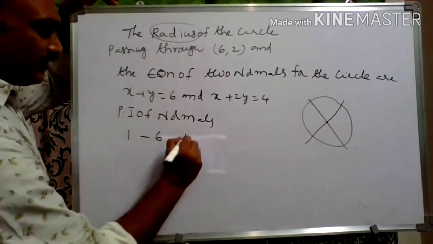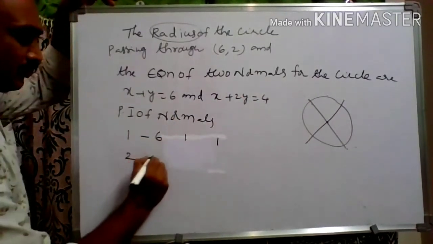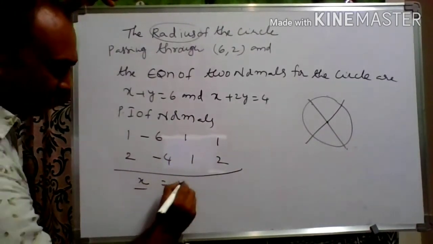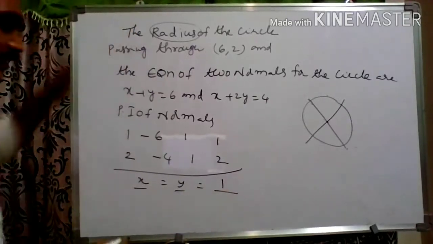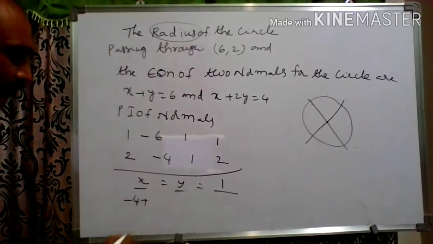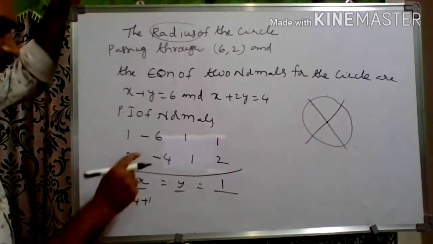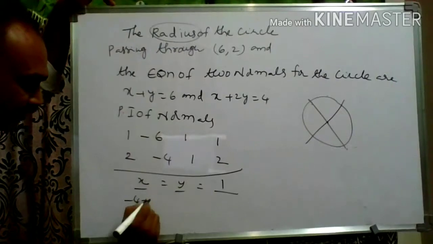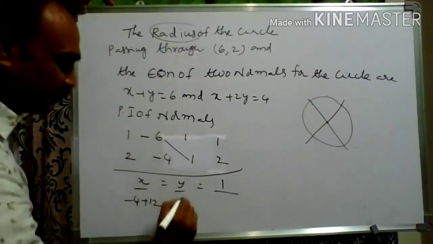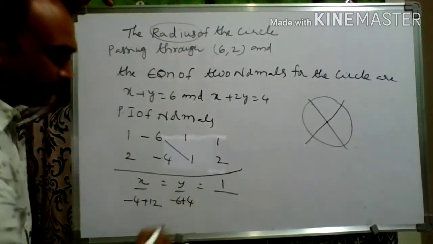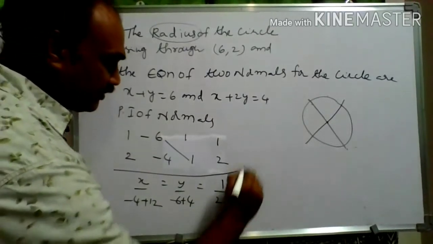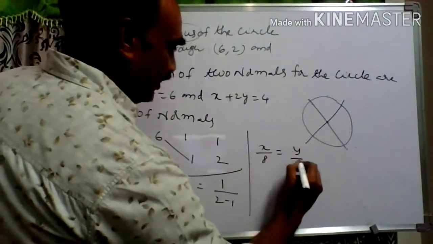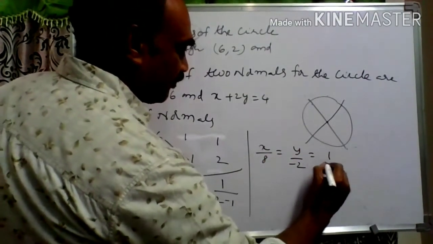First equation: 1, 1, minus 6. Second equation: 1, 2, minus 4. Using the cross-multiplication formula, x by (AD minus BC), y by (AD minus BC), 1 by (AD minus BC). So x by 8 is equal to y by minus 2 is equal to 1 by 1.